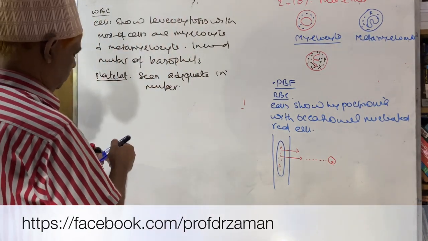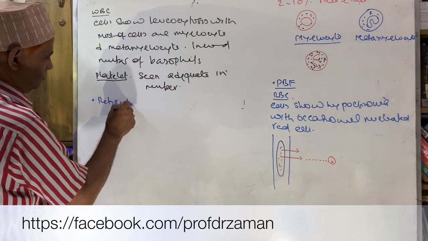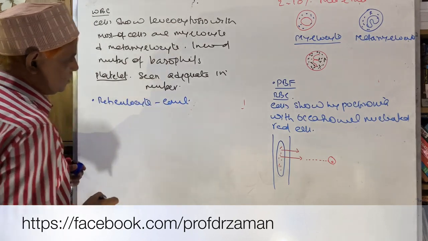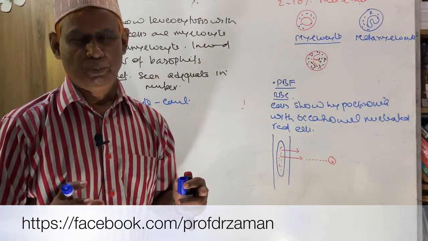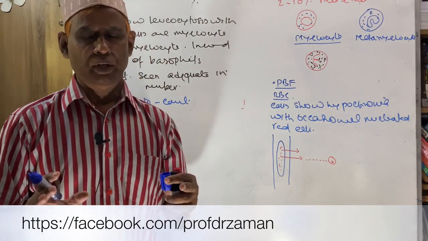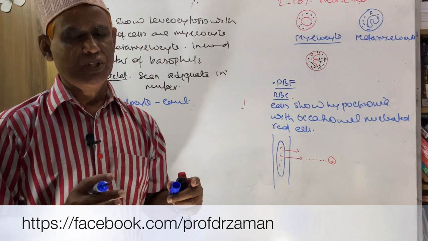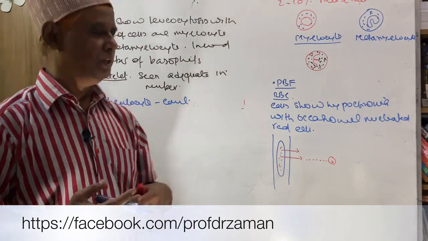Then we have to do the reticulocyte count. Dear audience, you know the normal reticulocyte count is 0 to 2%. Reticulocyte is a stage of maturation of RBC, just a bit before the mature RBC.